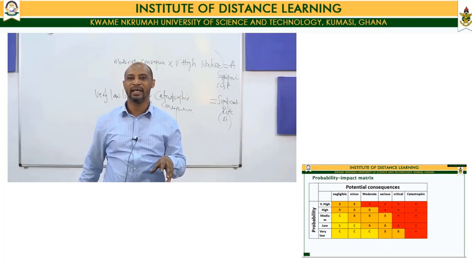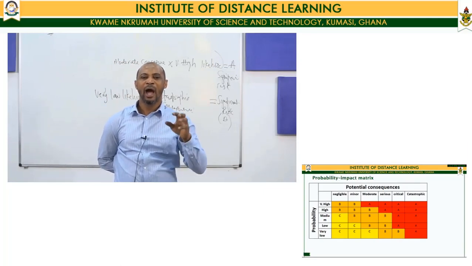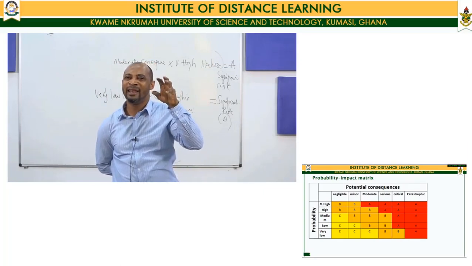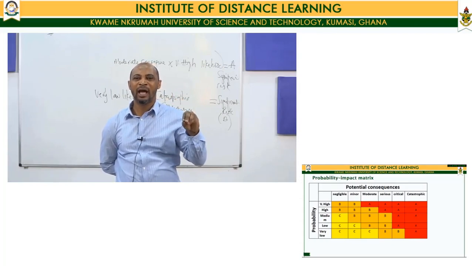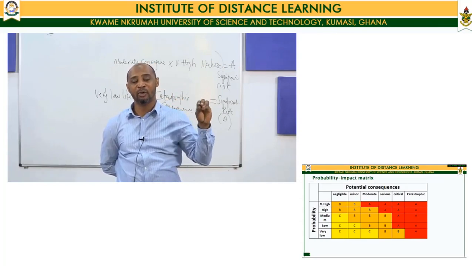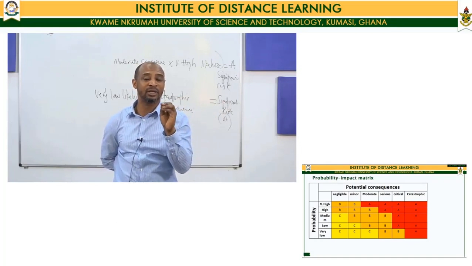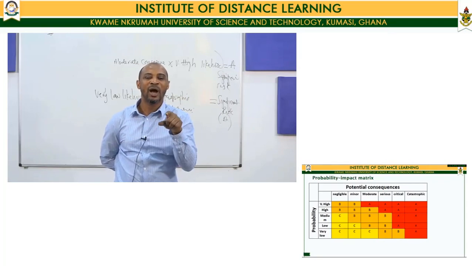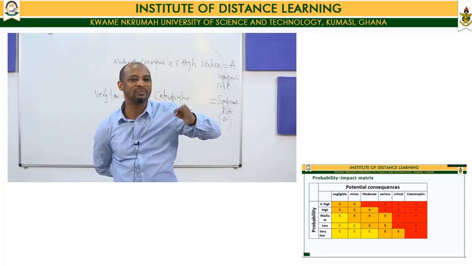Beyond that, you have to be able to tell at what level of consequence a particular event will qualify as medium significant risk. What level of consequence must it have, and what level of probability must it have?